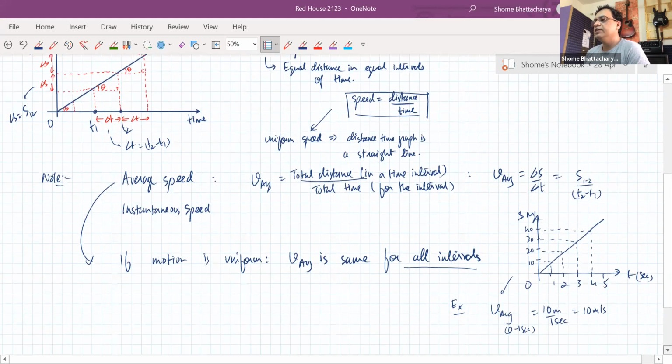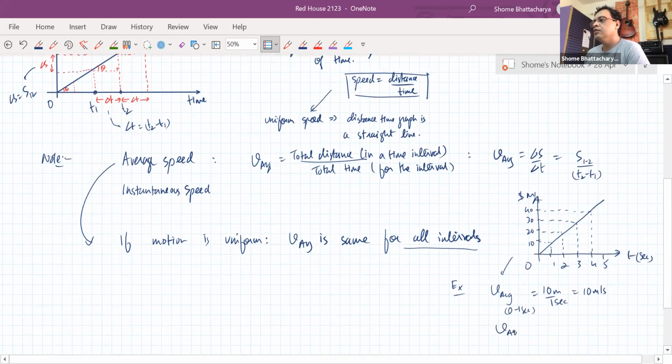But if I calculate the average speed from, let's say, 3 to 4 seconds, again, then it's the same, because in 3 to 4 seconds, the total distance is going from 30 to 40. So it is again that much only. It is 10 meters divided by the time interval, which is 4 minus 3, so that is 1 second. So it is again 10 meters per second only.